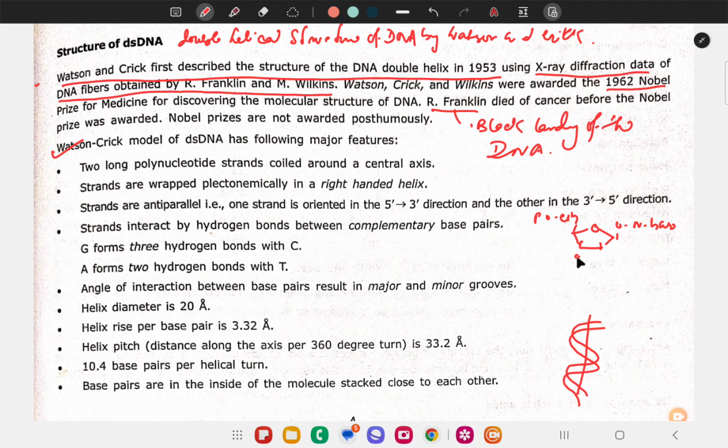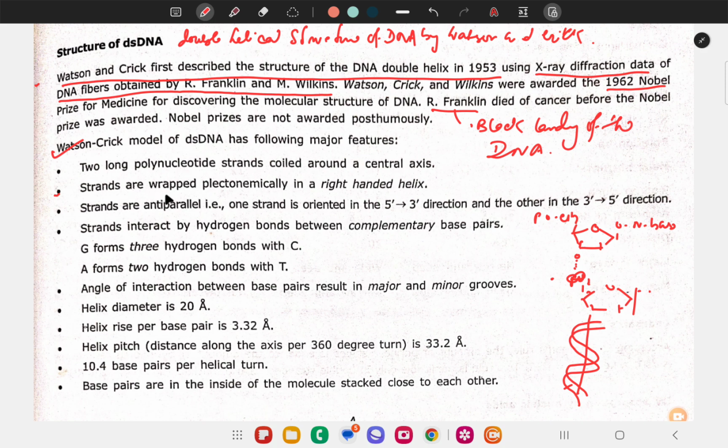Many nucleotides joined by phosphodiester bonds produce a polynucleotide chain.